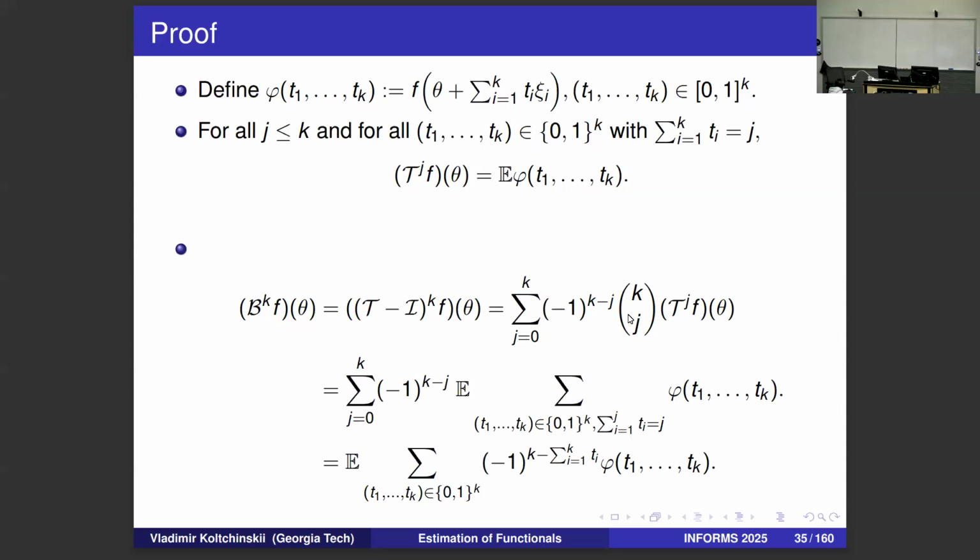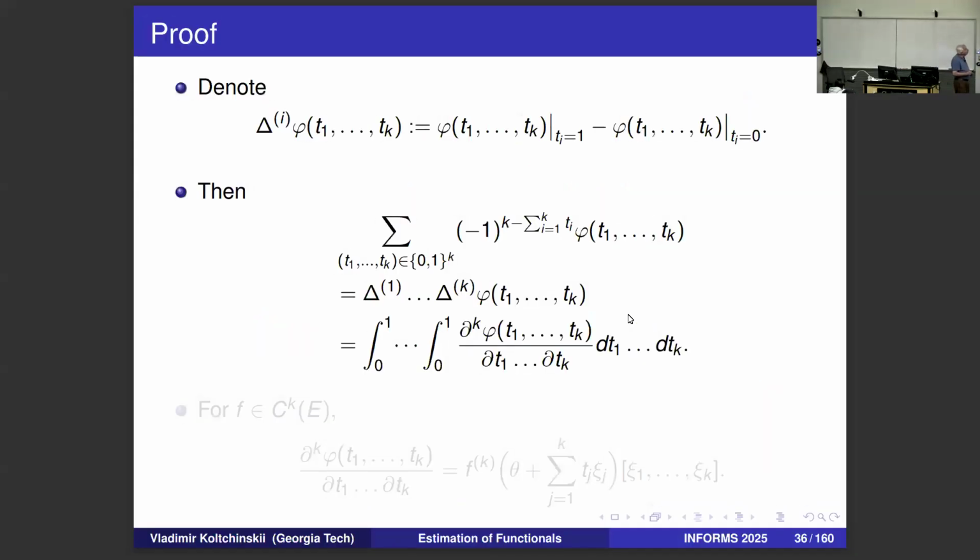But now we just have to try to recognize what this expression is. And it turns out it's very easy to check that this expression can be written in the following form. If I introduce discrete differentiation of my function defined on the binary cube now, what I'm doing is changing one variable between 1 and 0 and subtracting here.